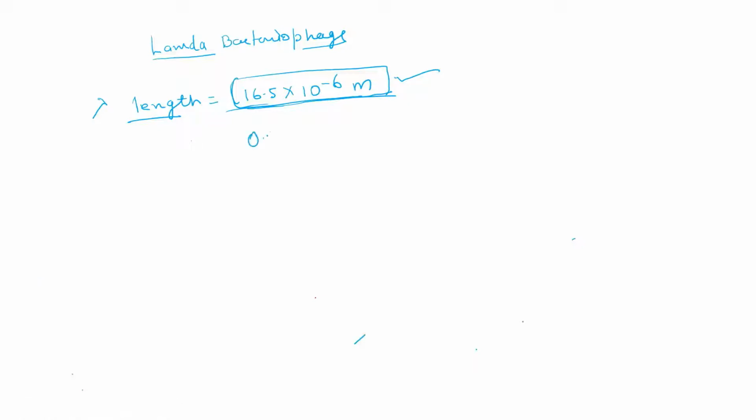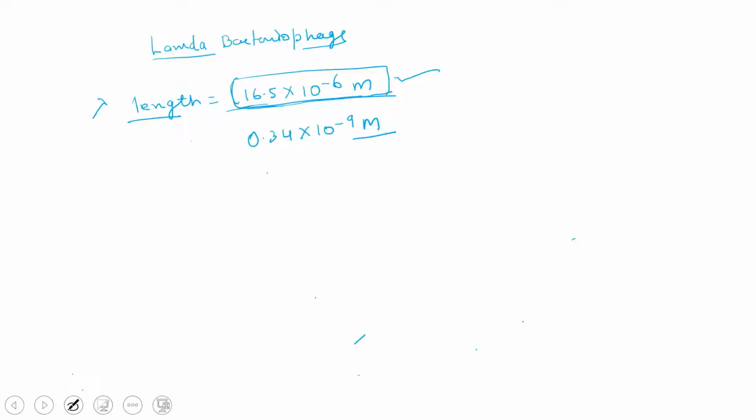Actually, the length of lambda bacteriophage is 16.5 into 10 to the power minus 6 meter. You know that the distance between two consecutive base pairs is 0.34 into 10 to the power minus 9 meter. So if we calculate the number of base pairs present in this much length, then we will get the answer.